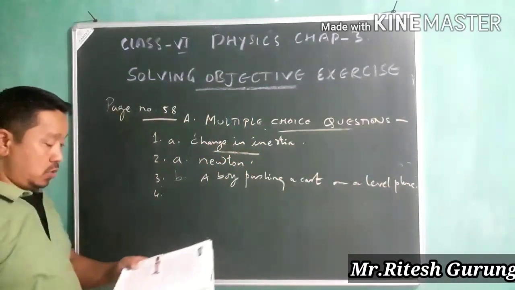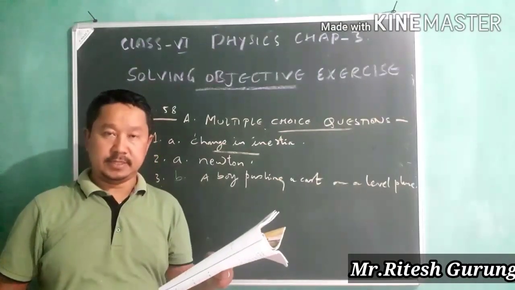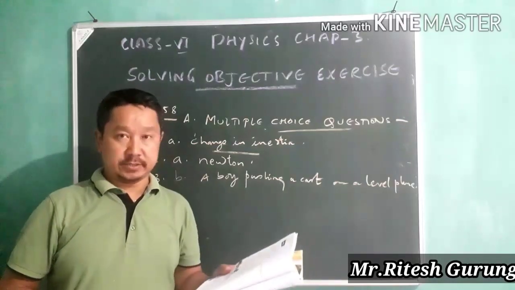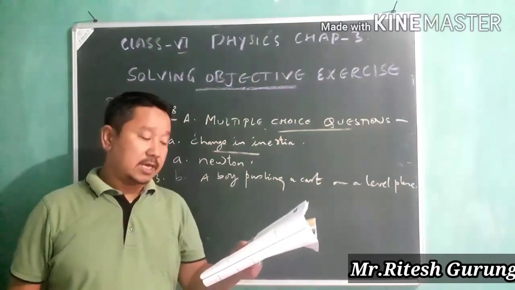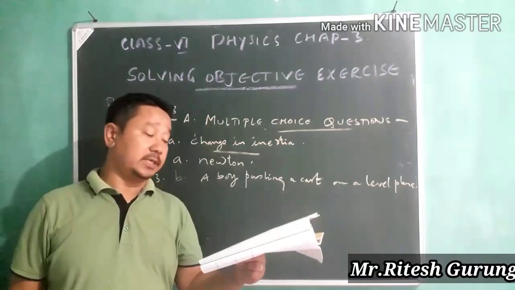Then question number 4. The unit of weight in SI system. What is the SI unit of weight that we have discussed in the last sessions? Kilogram, Newton, gram, meter per second.